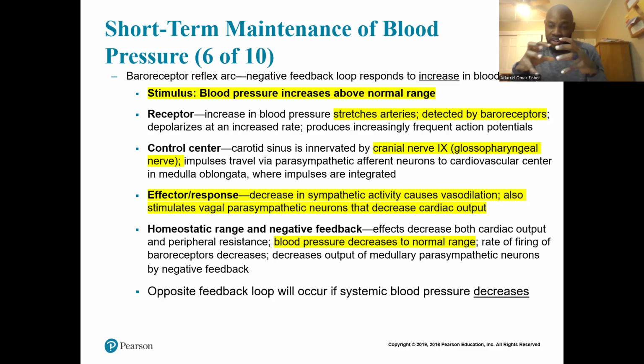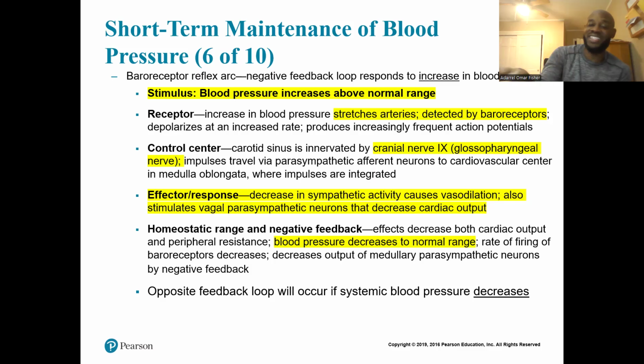If I increase the pressure, I push on it, it stretches. The baroreceptors will detect that and send a signal to the control center, which is innervated by your cranial nerve. Impulses travel via parasympathetic afferent neurons to the cardiovascular center in the medulla oblongata.